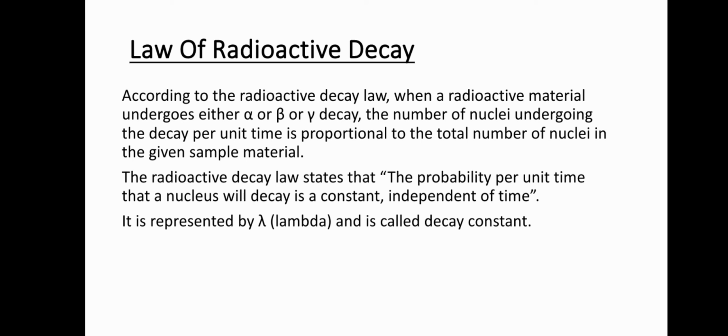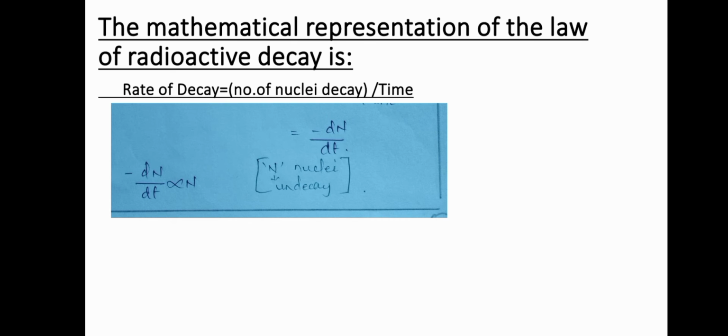Laws of radioactive decay. According to the law of radioactive decay, the number of radioactive atoms disintegrating per second is directly proportional to the number of radioactive atoms present at that instant of time. Mathematically, we can write that rate of decay equals the number of nuclei decayed divided by time.